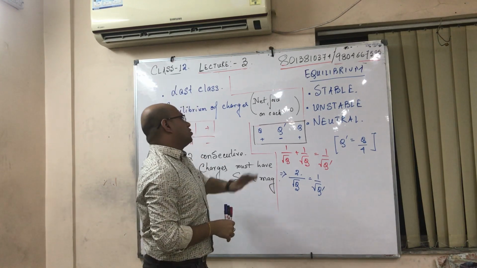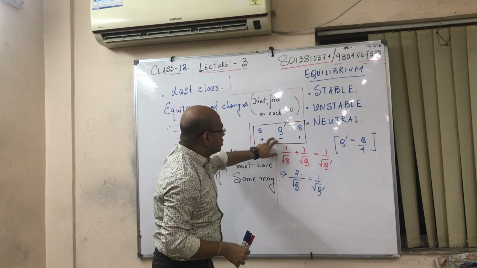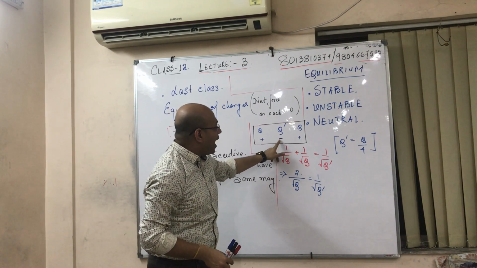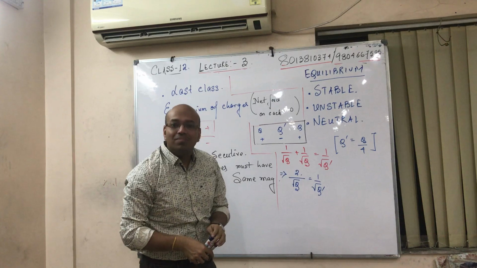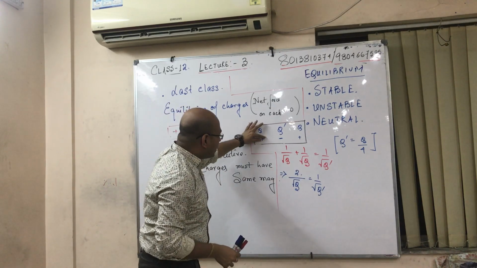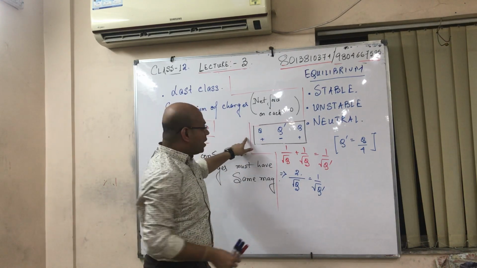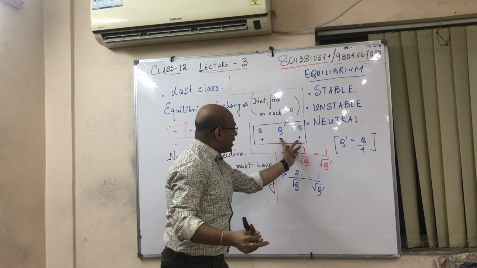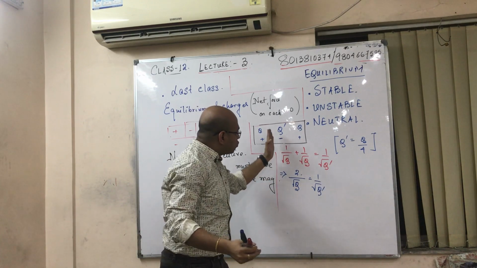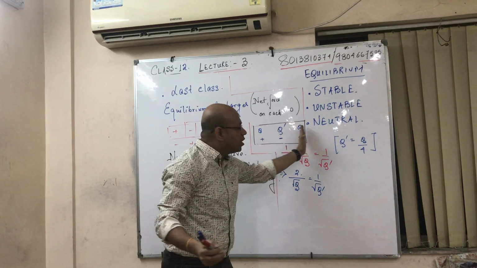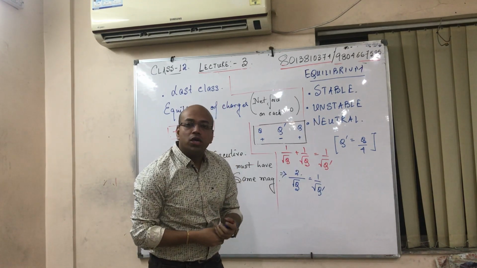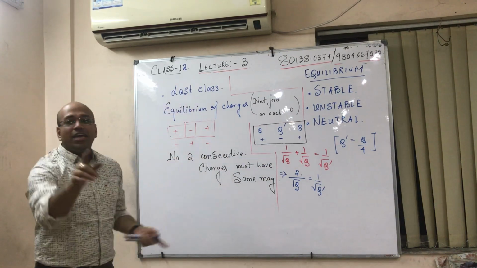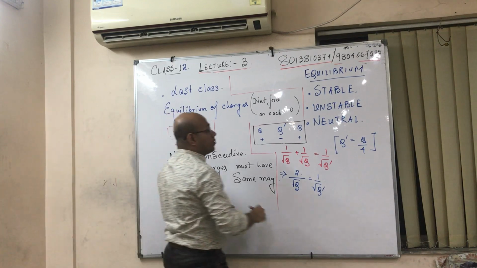First of all, this charge will automatically face a net attraction towards this charge. If I displace a plus q over here, the distance between q and q dash increases and this attraction force will be greater, and so this minus q dash will move to the positive charge.